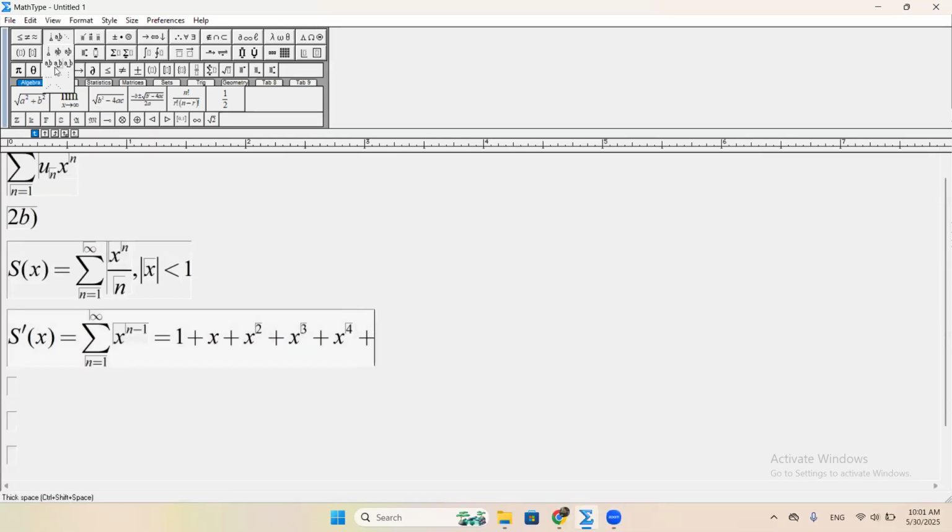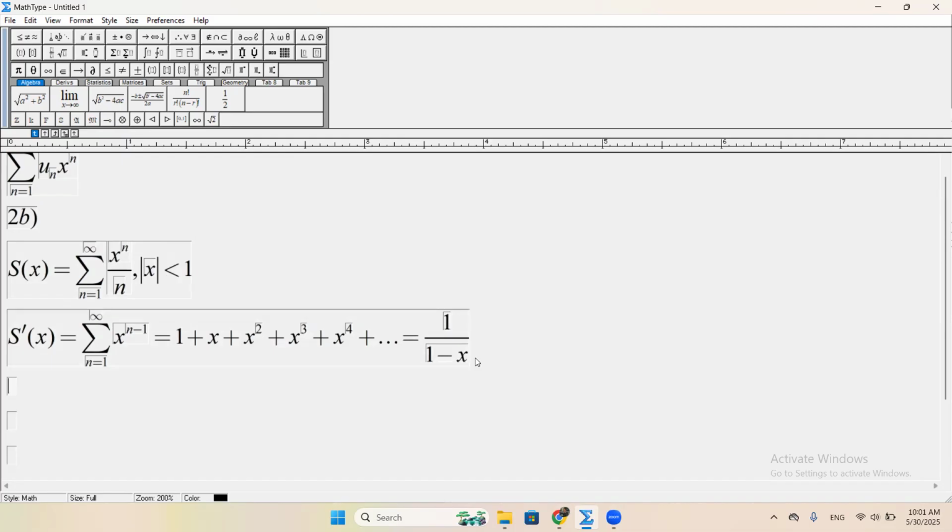And again, as the modulus of x is less than 1, we can write it as a sum of a geometric series. The first member is 1 and the ratio is x. So we have the following sum.